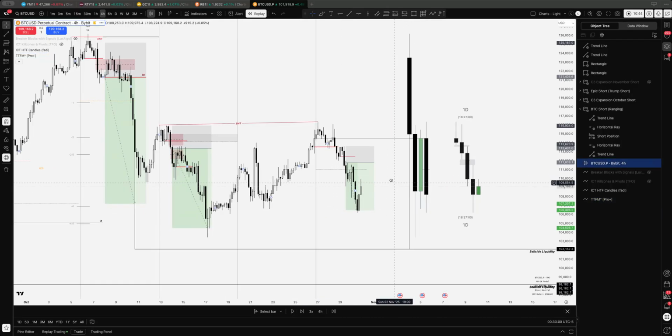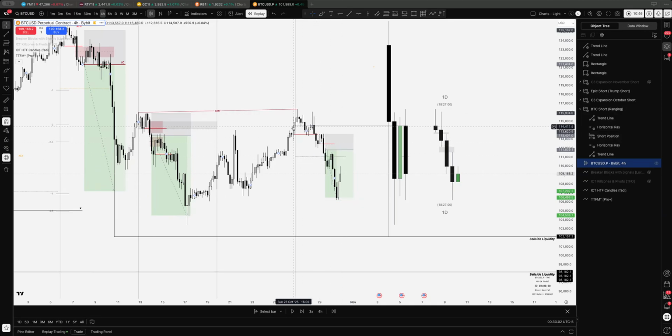Oh man, perfect. So we always wait for the initial change in state of delivery here, wait for price to come back up, we revisit some of the fair value gaps in here, have another intercandle change in state of delivery, which means price is likely to move lower, and that's exactly what we get, sharp move down.